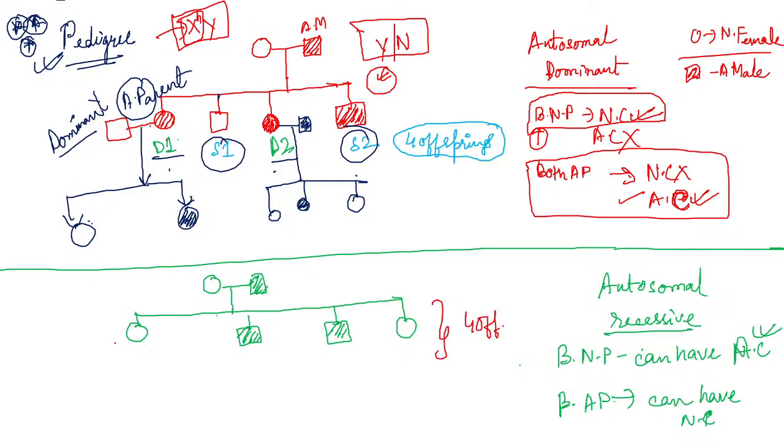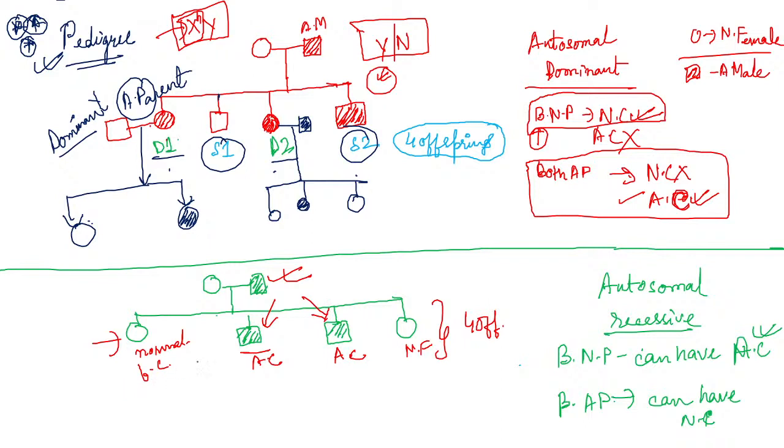And among the 4 offspring, there are chances that this is a normal female child, this is an affected child, this is an affected child, and this is again a normal female child. So if both the parents are normal, they can have an affected child. If both the parents are affected, they can have a normal child. But here only one parent is affected, so only the males are affected, right?